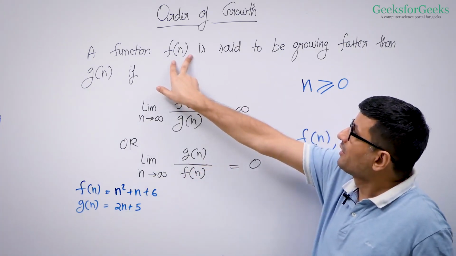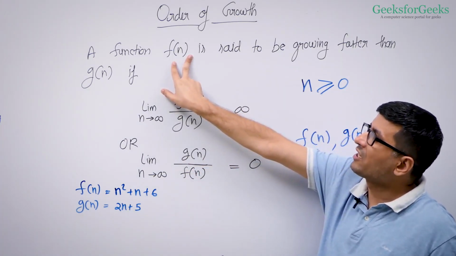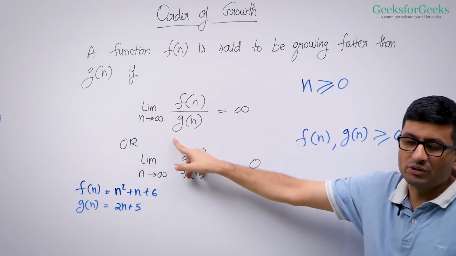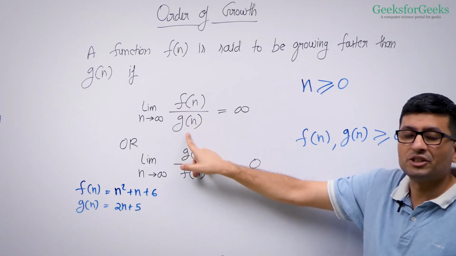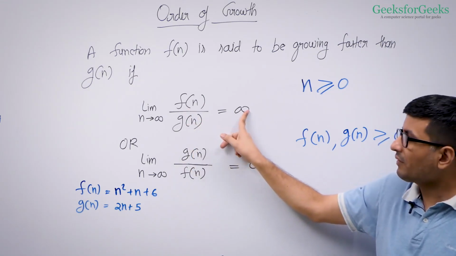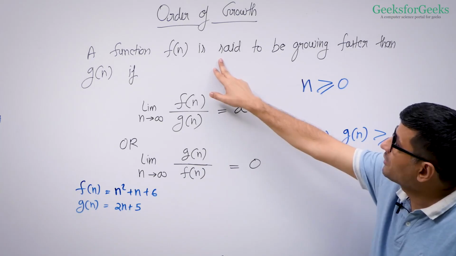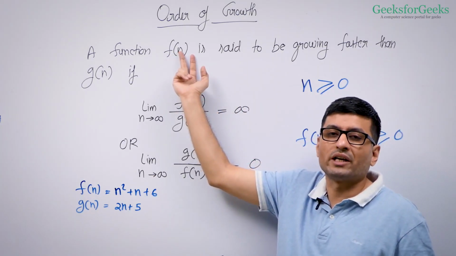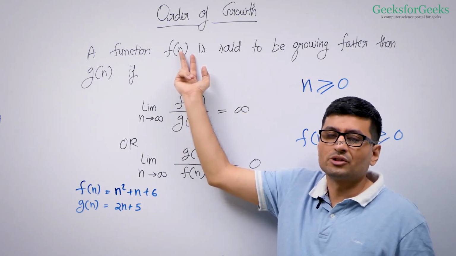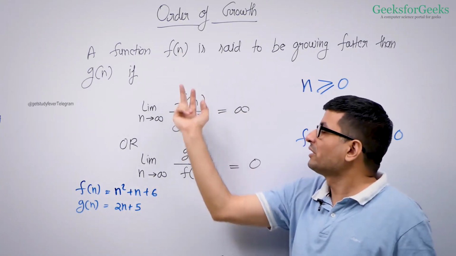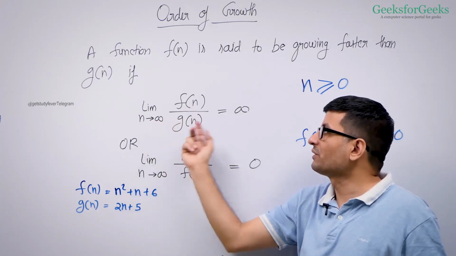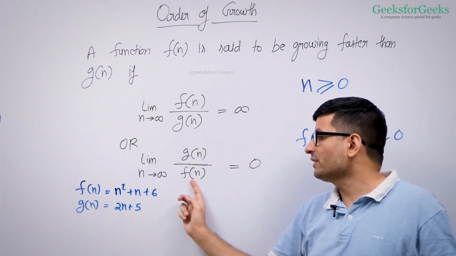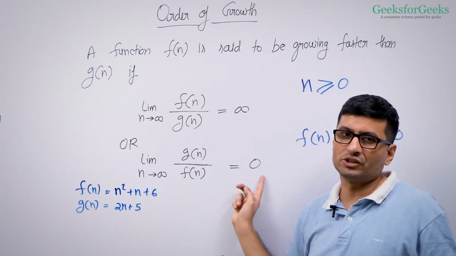So f(n) is said to have higher order of growth than g(n) if the limit as n tends to infinity of f(n) divided by g(n) becomes infinite. Higher order of growth means we say the algorithm whose time is represented by f(n) is a bad algorithm. So if f(n) represents a bad algorithm, then f(n) by g(n) for n tends to infinity would be infinite, or g(n) by f(n) for n tends to infinity is going to be 0.